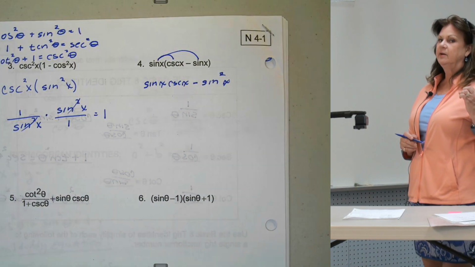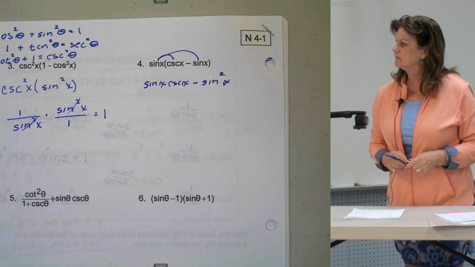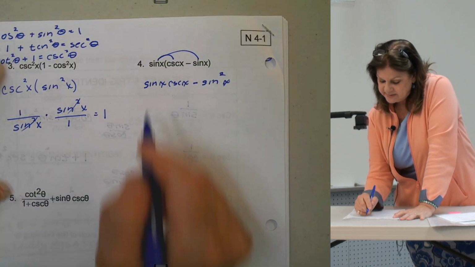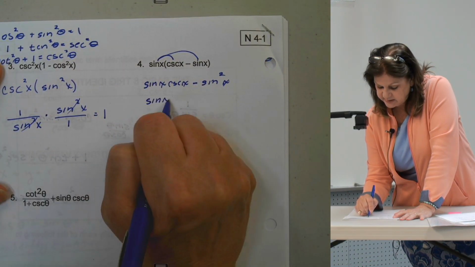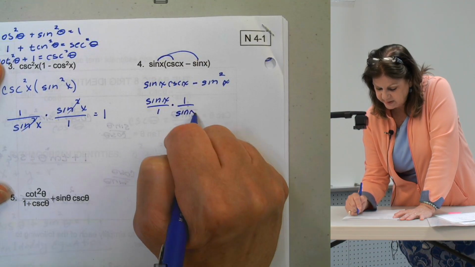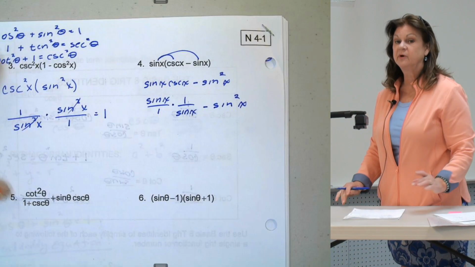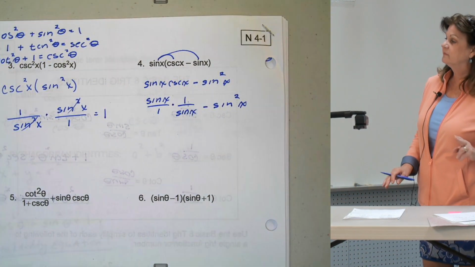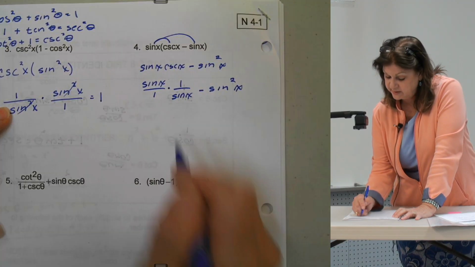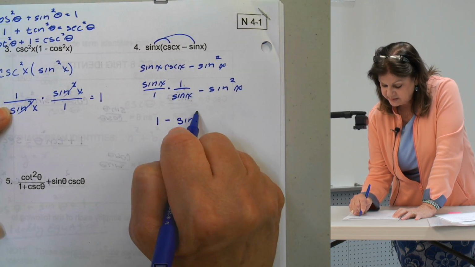Okay, again, we've introduced sine squared x. Again, we're thinking, oh, I wonder if the granddaddy equation is going to come in here somewhere. Well, let's just keep going. Sine is what it is, and cosecant is 1 over sine. Remember, we're trying to solve to one number or one trig function. Well, sine times cosecant is going to give me 1. 1 minus sine squared.